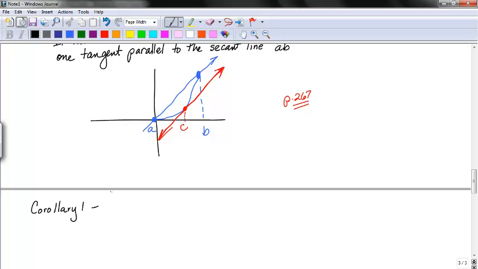And it is actually called the first derivative test for increasing and decreasing.